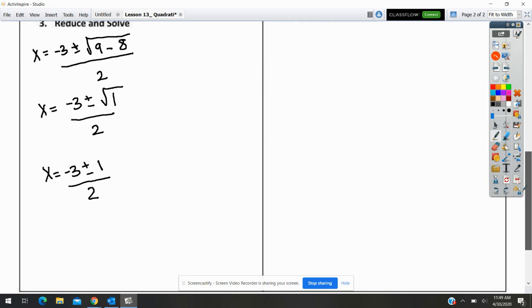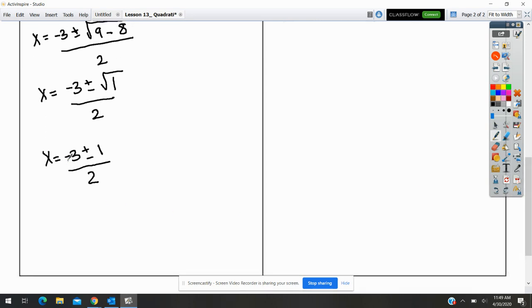What we want to do now is actually solve for the values of x. One answer is going to be -3 plus 1 divided by 2, and one is going to be -3 minus 1 divided by 2. So here's where we split this into 2 equations. One is x equals -3 plus 1 divided by 2, and the other solution is -3 minus 1 divided by 2. So -3 plus 1 is -2, divided by 2, which is -1.